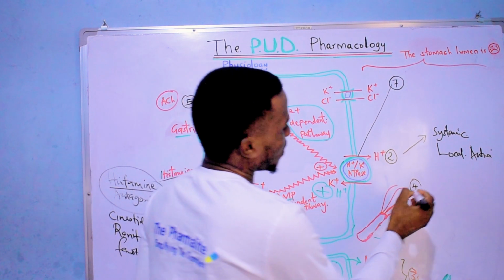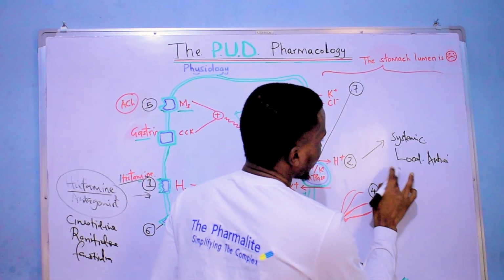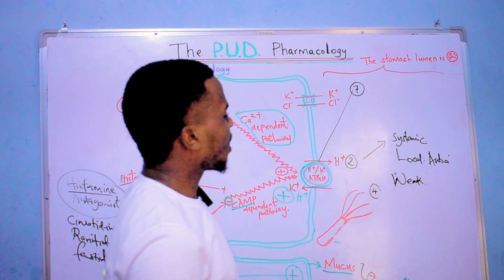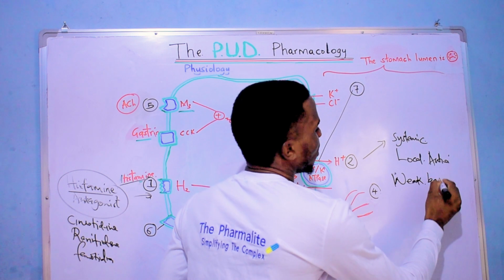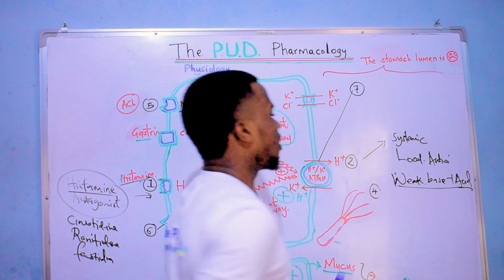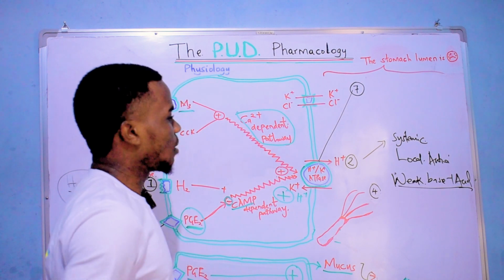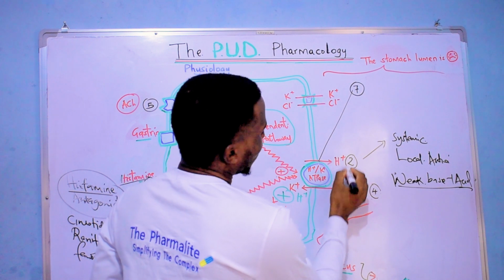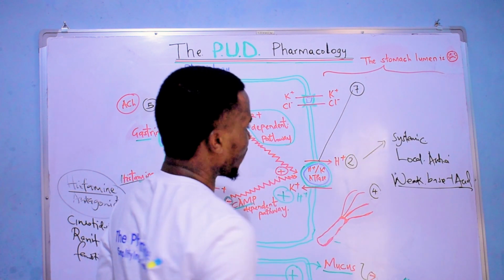Now what they do is basically they are weak bases. So from simple chemistry, a weak base plus an acid will actually lead to neutralization of the acid by production of a salt. So remember that they will act here, and this is the lumen of the stomach.